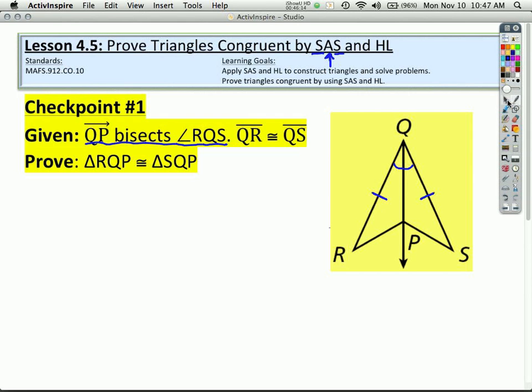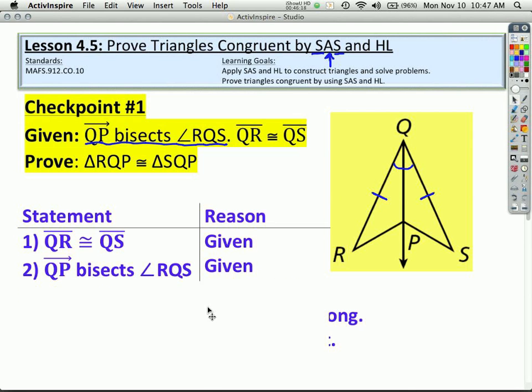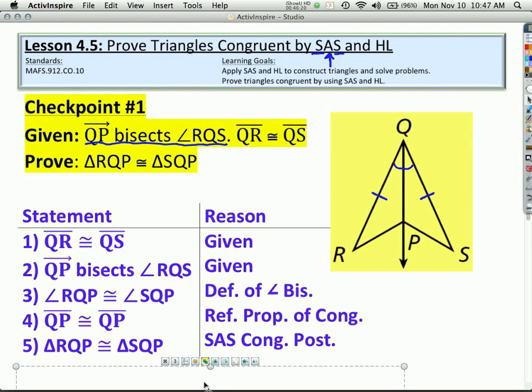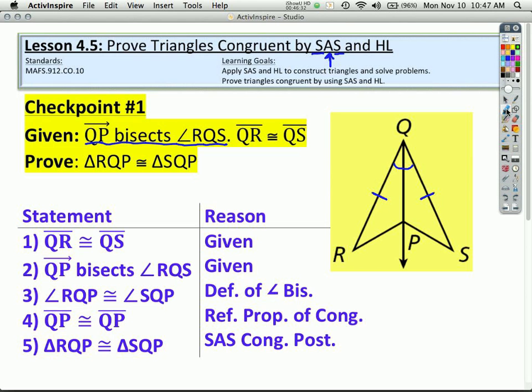And so when you put that all together, you get this proof. Excuse me. So I put the given separately. You could have grouped it together. But here was the key. This was the one that you had to be an investigator for.